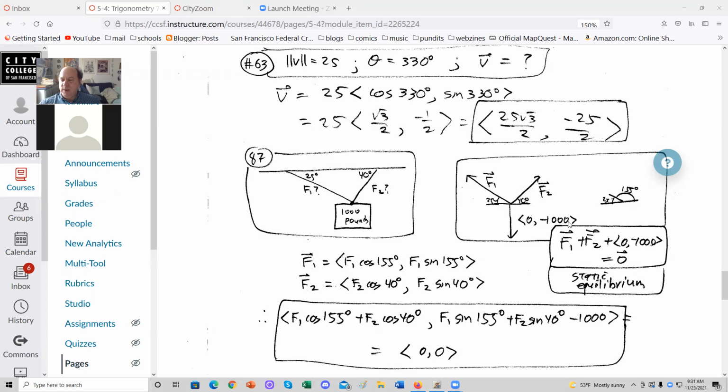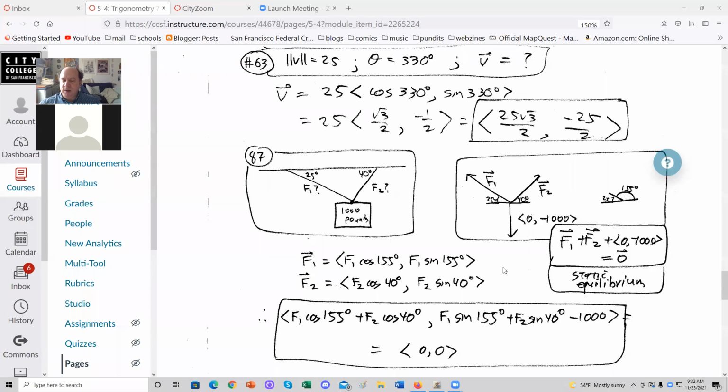All right, so we'll start from here. F1 is a force at an angle of 155 degrees, so it's F1 cos 155 by F1 sine 155. F2 is a force at an angle upwards to the right of 40 degrees, so its coordinates are F2 cos 40 by F2 sine 40. So F1 plus F2 plus 0 by negative 1,000 equals the 0 vector.